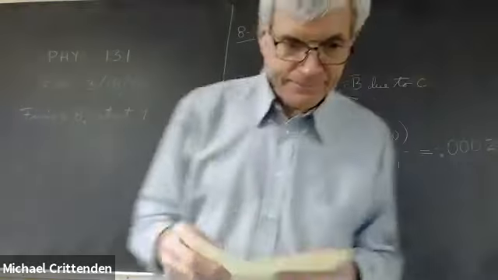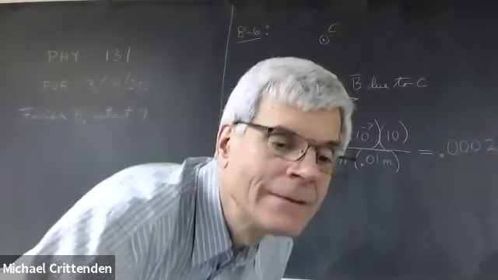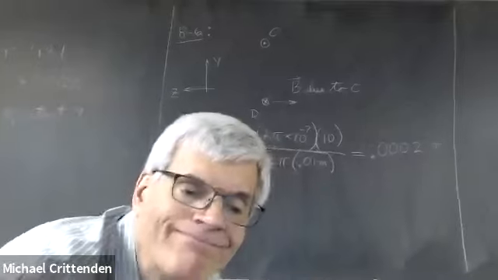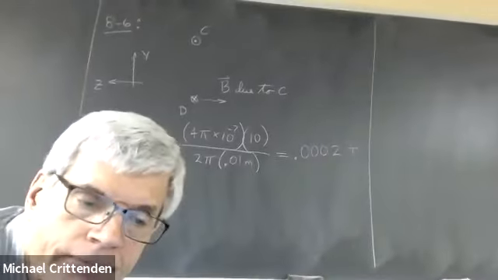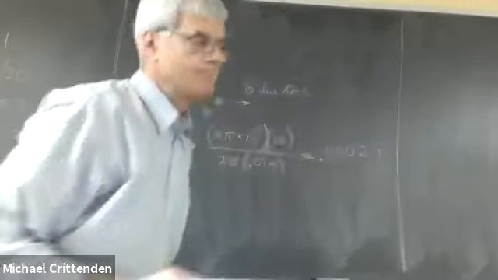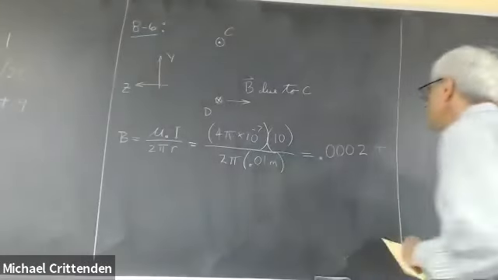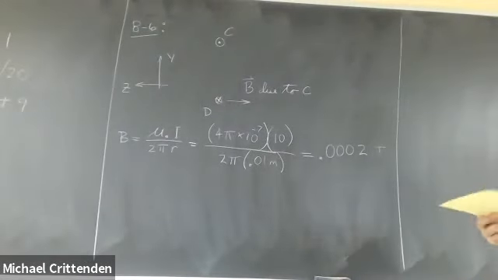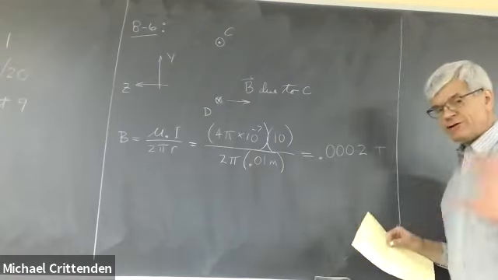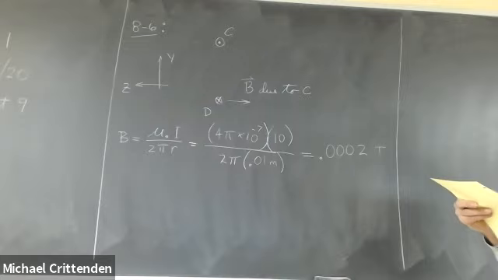So two Gausses, 0.0002 of a Tesla. So that's the magnitude and direction, and we're halfway through the problem.